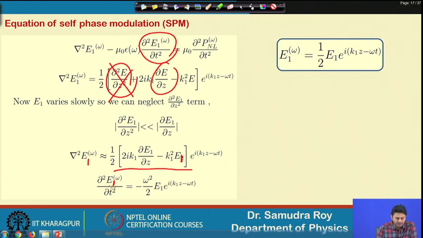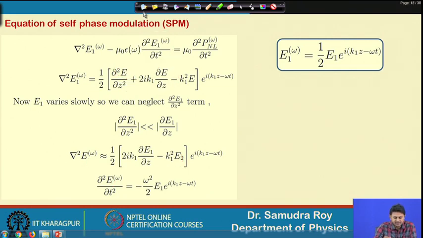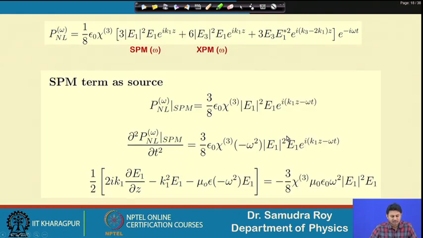Anyway, if I do this derivative with respect to t, then we will have minus omega square term outside, and the rest of the term will be simply E1 e to the power i k1z minus omega t. We can evaluate this quite easily because we have been doing that for our last few classes.